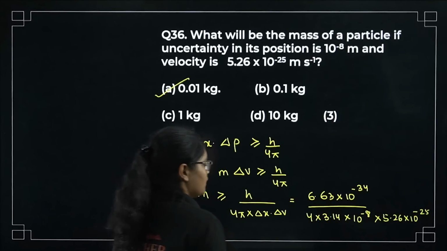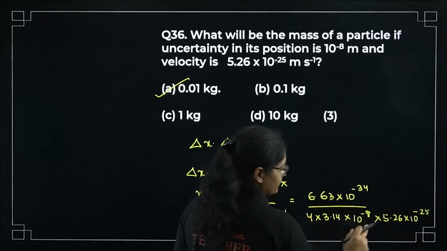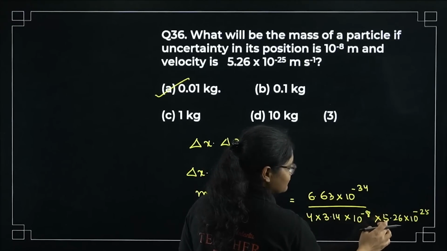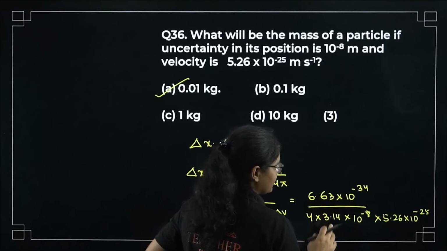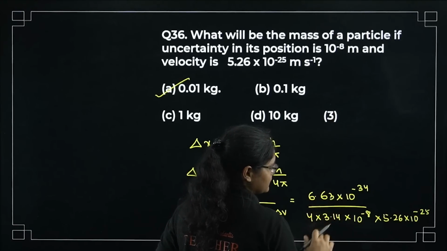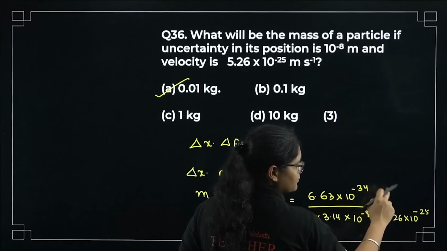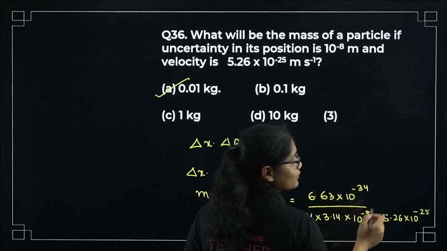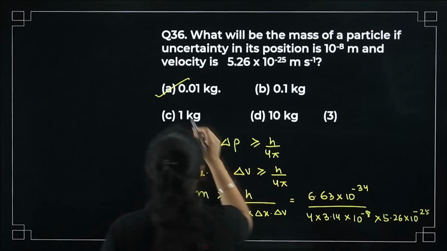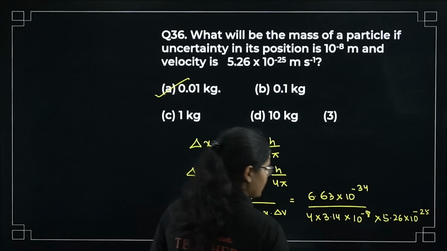Okay. Next, if I just want to do a rough calculation, let me take it as 5 4s are 20, 23s are 60, right? So I'll get 6 something, I can cancel these two. Next I have 25 plus 8 is 33, so 33 goes up, it will become plus 33, so minus 30, so this has become 1 into 10 to the power of minus 1, that will give me 0.01, 10 to the power of minus 2 I'll get, right?